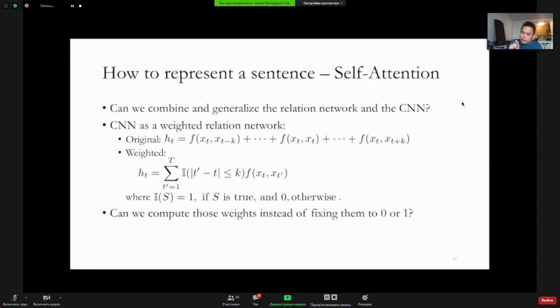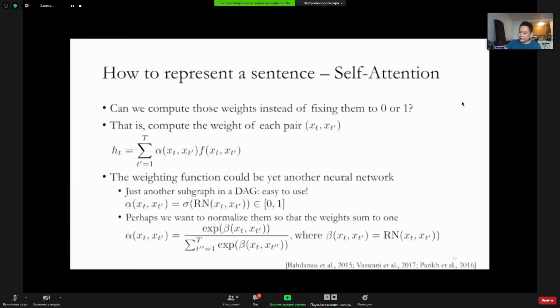And looking at this, you realize that perhaps we can generalize it by relaxing this constraint that the weights can be either 0 or 1. Perhaps we can make the weights some continuous value. And that's how you end up with the attention mechanism that allows you to look at the entire sentence rather than just a local window like in convolution.